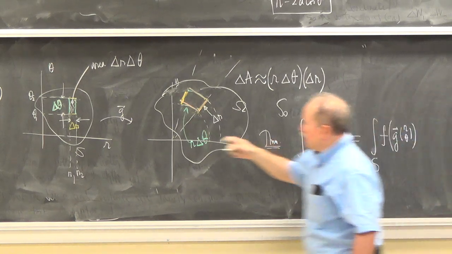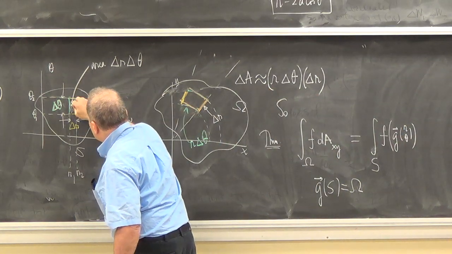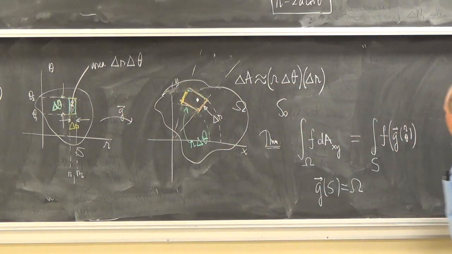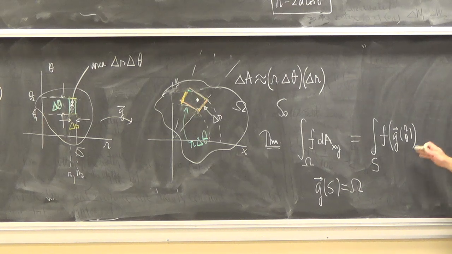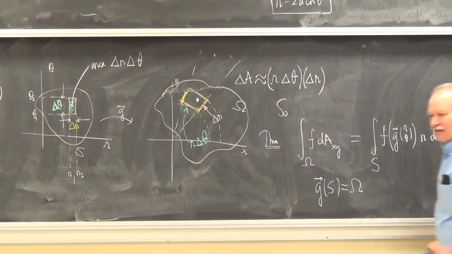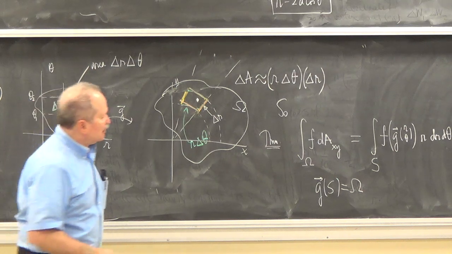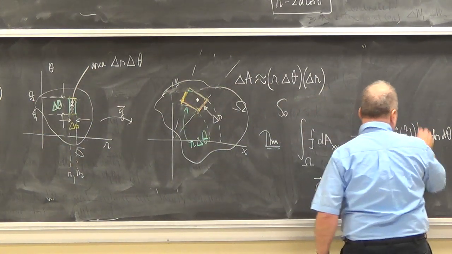G of r theta says take a point in here, plop it over here, and you evaluate f there. And then, instead of integrating dr d theta, you do r dr d theta. And this r is coming from the fact that you need this fudge factor.